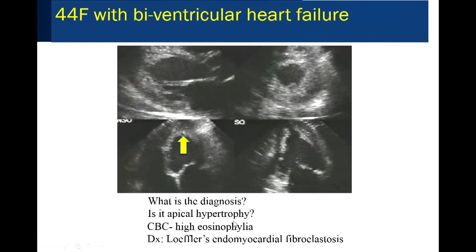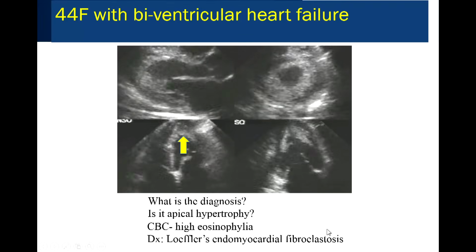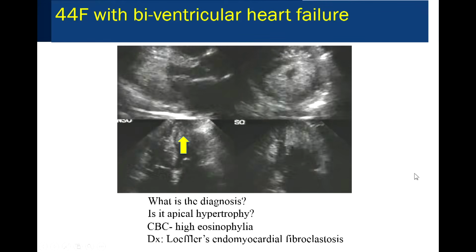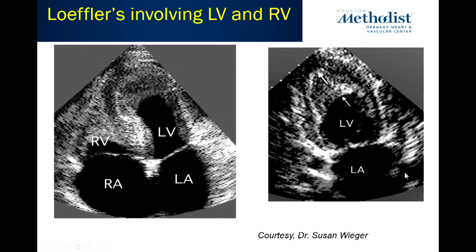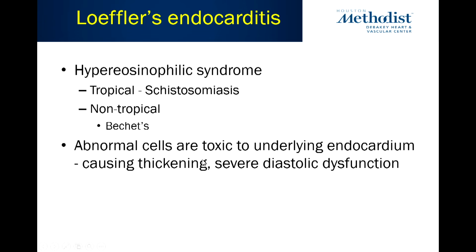So this is a very nice example of Loeffler's, or endomyocardial fibrosis. Very interesting condition, rare. This was a slide that Susan Wigger was kind enough to give me some years back. There are the two versions, the tropical, which is infectious from schistosomiasis, and the one that we tend to see more here, the non-tropical. Still very, very rare.